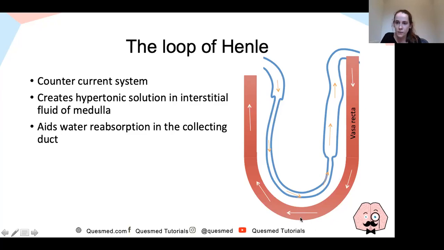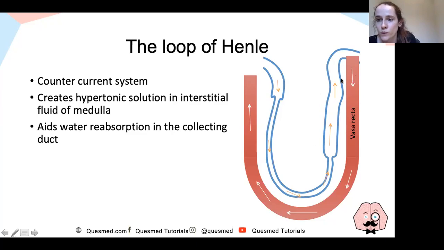So it's a dynamic system, and these sides are both constantly moving, because otherwise, if these weren't moving, the system would grind to a halt. We'd get a maximum transport of ions and water within the system, and nothing would change anymore. So by keeping things moving, we're able to constantly move. For example, here we've got an area with the lowest concentration.